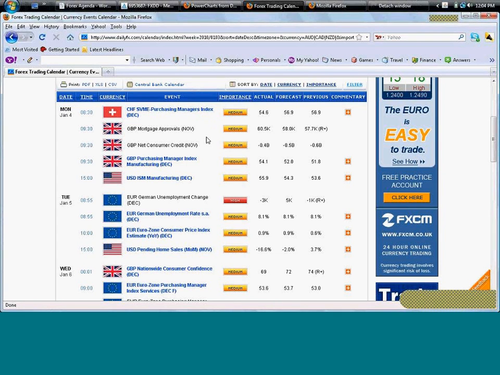So there's a handful of reports that come out every day, and this shows a screenshot of basically a spreadsheet style tool to show you Monday, January 14th at 8:30 a.m. Eastern Standard Time. There is a report out on the Swiss franc, a Purchasing Managers Index, and it shows here the importance and what actually happened in the forecast in the previous.